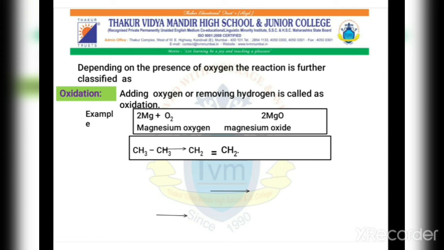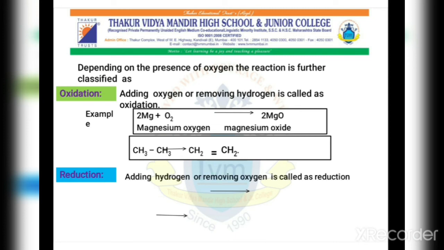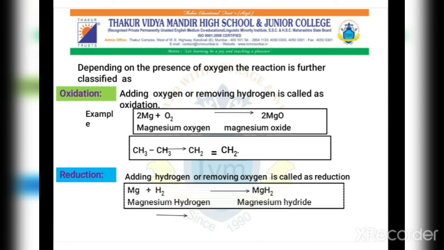The next type of reaction is reduction reaction. Reduction reaction is exactly opposite to what we have seen in oxidation. That is, addition of hydrogen or removal of oxygen is called a reduction reaction. Example, magnesium combines with hydrogen and gives you magnesium hydride.